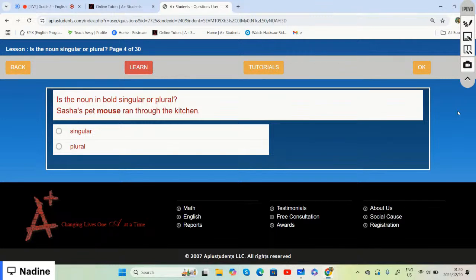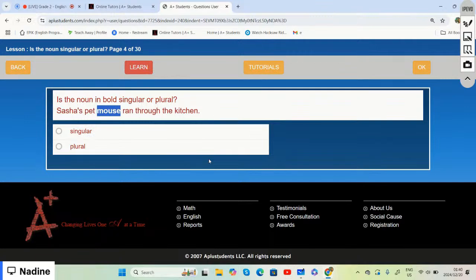All right, the next one says, Sasha's pet mouse ran through the kitchen. So, mouse, does that refer to one, which is singular, one mouse, or two or more, which is plural?